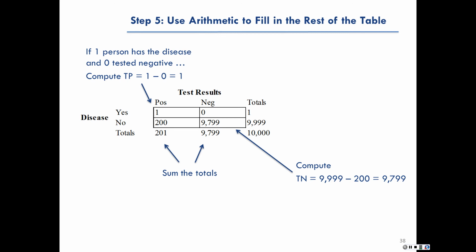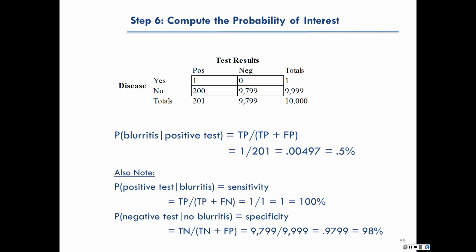Those are our true negatives, because 9,999 minus 200 is equal to 9,799. And then lastly, we just want to sum up the totals for those who tested positive and those who tested negative. And now, based on the limited information we had, we've completely filled in the rest of the table.